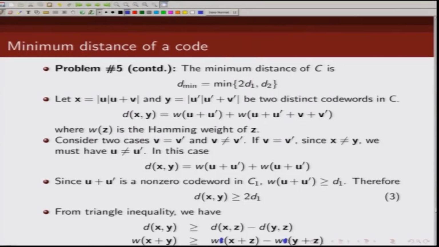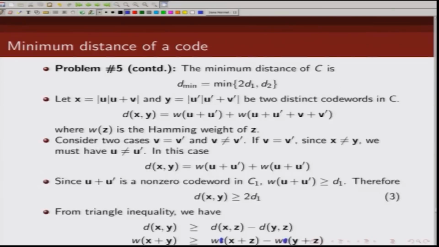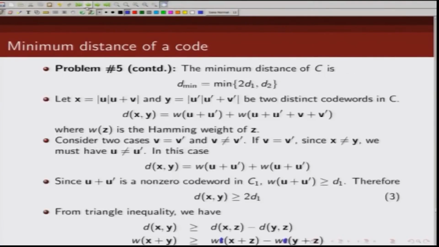Now, let us take x plus z to be equal to v plus v prime, and y plus z as u plus u prime, and we put these values of x plus y, x plus z and y plus z in this expression.